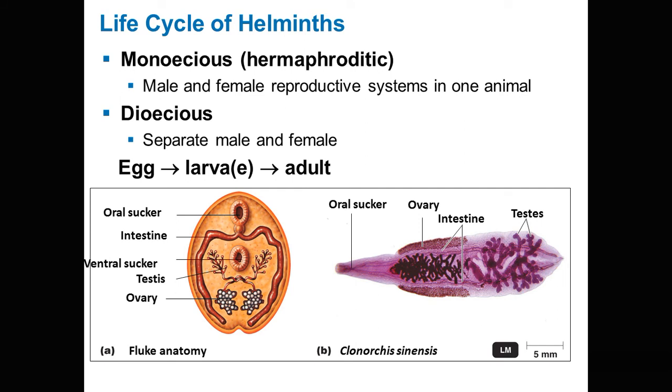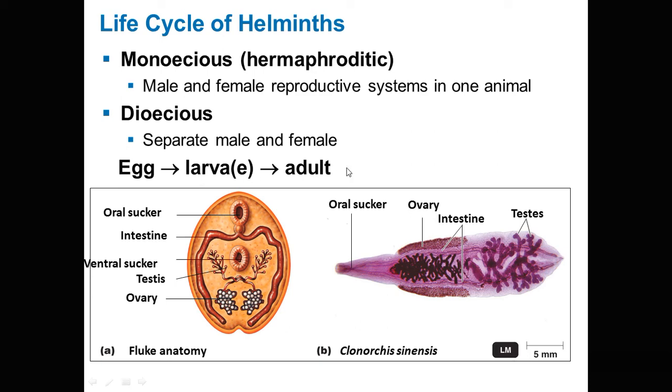And helminths can be either monoecious, hermaphroditic, so male and female reproductive systems are in one animal, or they are dioecious, when males and females are separate organisms. Usually the life cycle of helminths is like this: egg, larvae, and then adult.